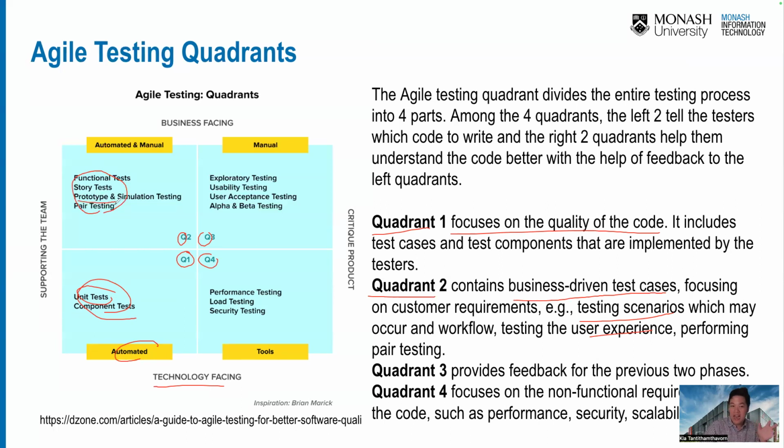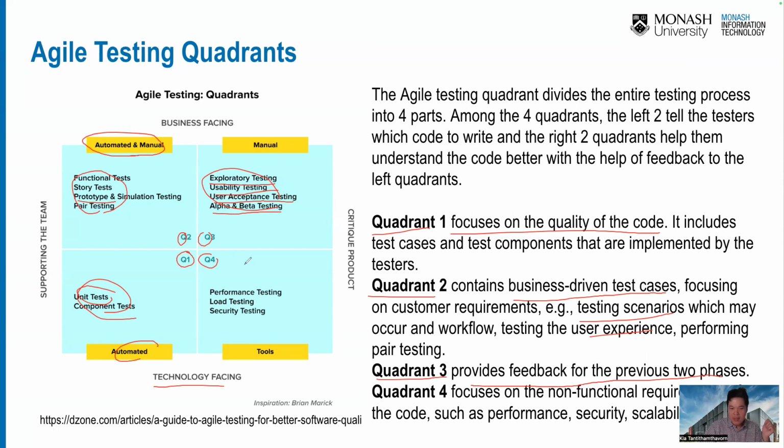Okay, this one can be a little bit automated or manual as well. And the next step, right, you need to test the quadrant 3 here. So you want to do the exploratory testing, usability testing, user acceptance testing, alpha, and the beta testing. Okay, the quadrant 3, you want to provide feedback for the previous 2 phases.